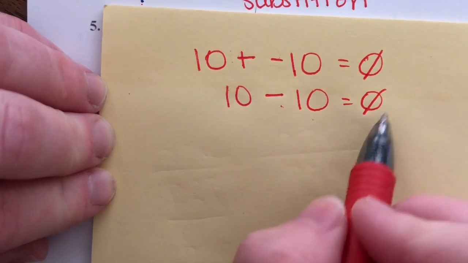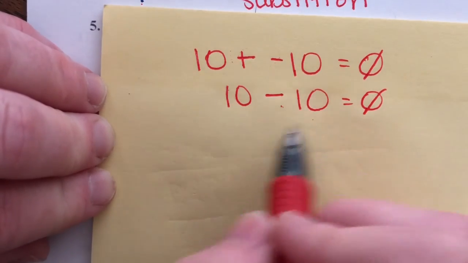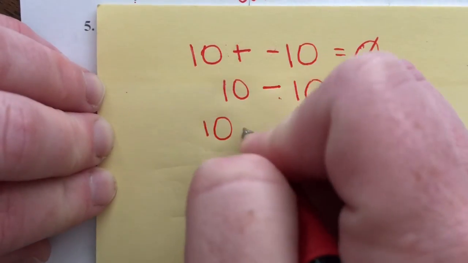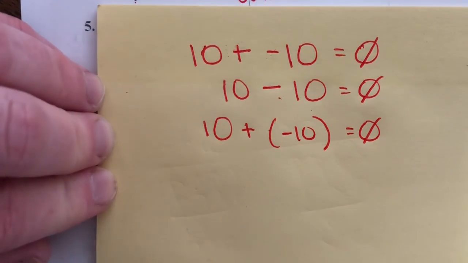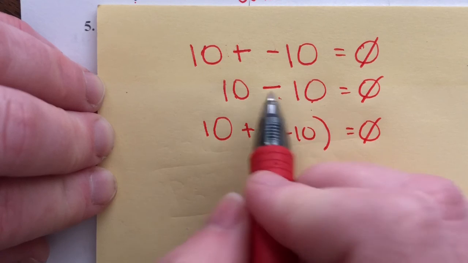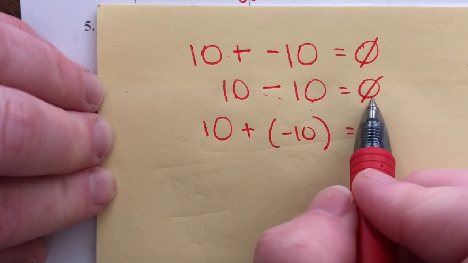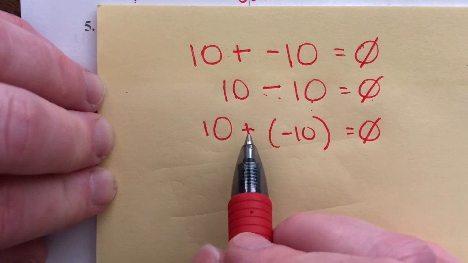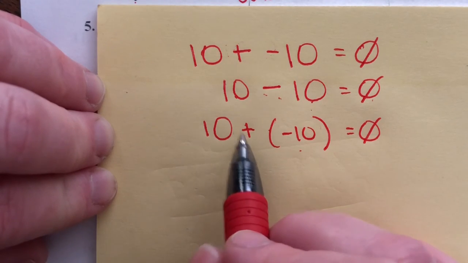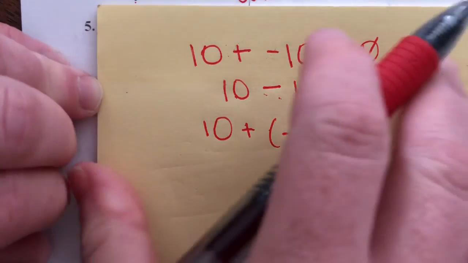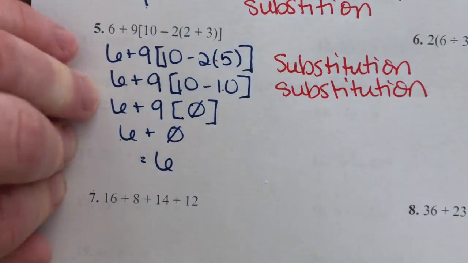Same thing as if you solve this problem right here. This is the same thing as saying 10 plus negative 10. So when you have the same number and you're subtracting and the answer is 0, that's the exact same thing as adding a negative number, right? So here we're adding opposites and the answer is 0. That's our additive inverse.